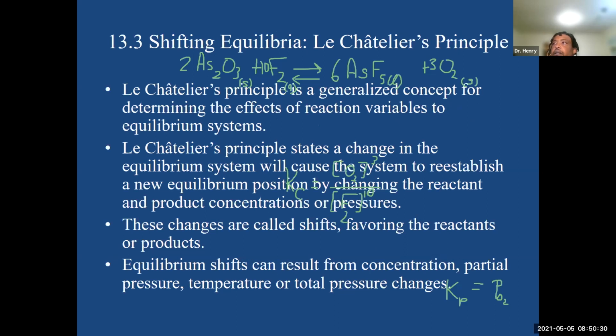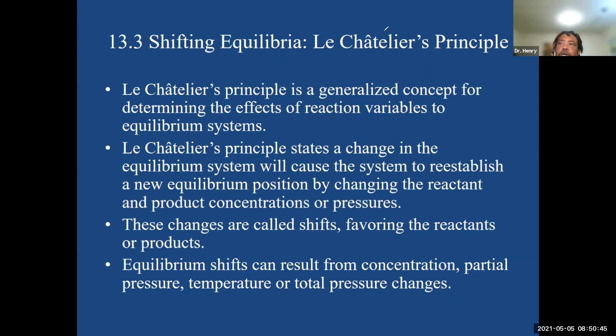Okay. Le Châtelier's principle. Le Châtelier's principle basically lets us know how the equilibrium is going to shift. Let's go over some of the rules. It tells us which direction the equilibrium system is going to go, which one is favored right now.